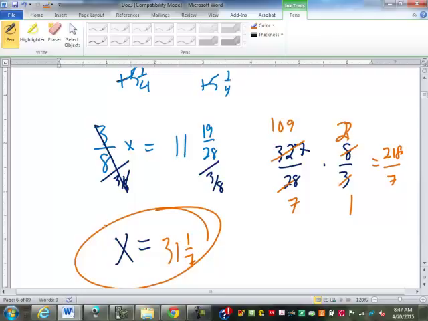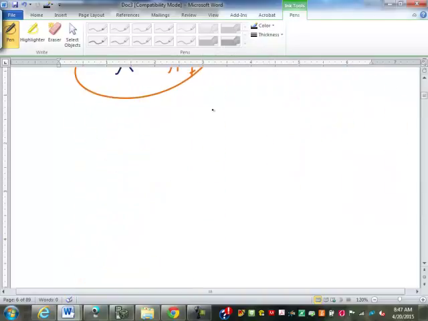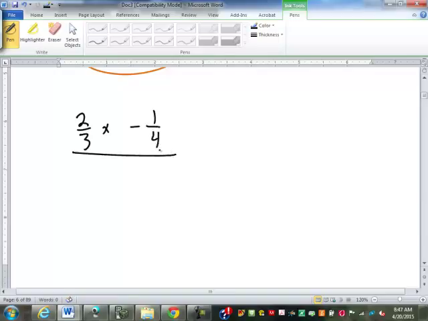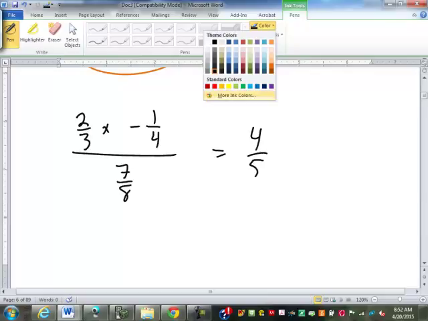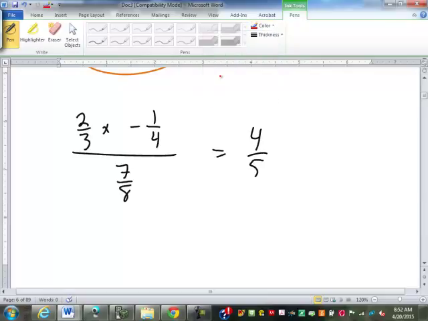Well, let's have another one for you to try. The whole left side over here is divided by 7/8. So the first thing you've got to do is get rid of that. You have to multiply by 7/8. So that's gone. Multiply by 7/8 over here. Well, that's going to be 2 and 1, so 7/10.